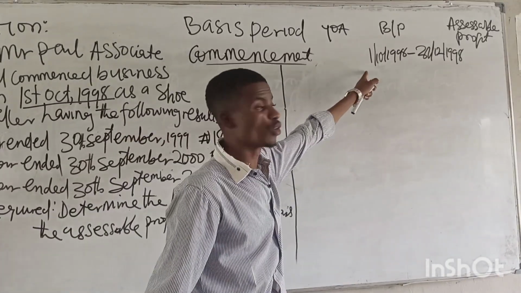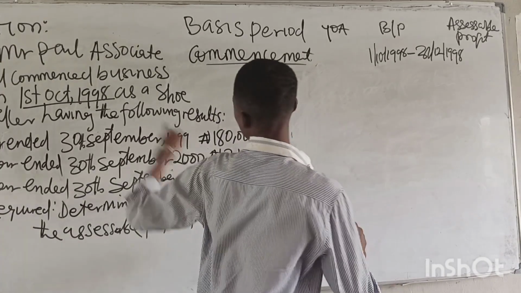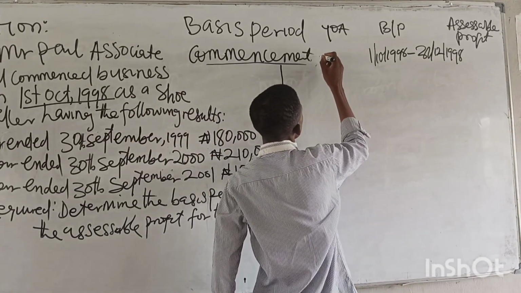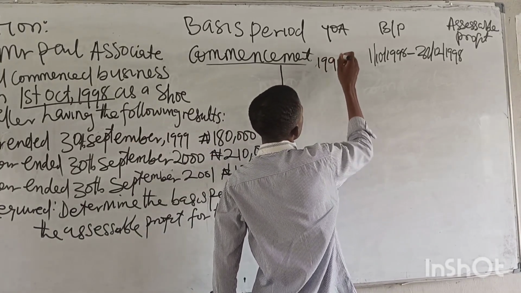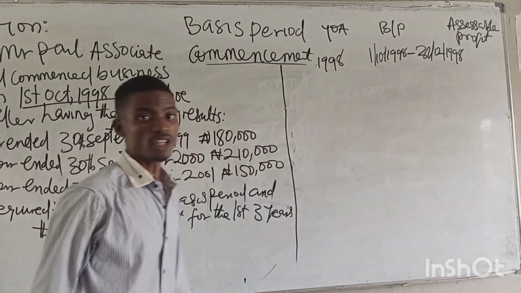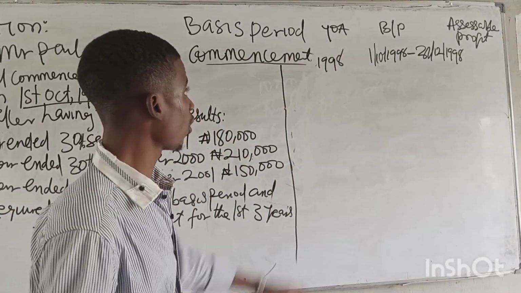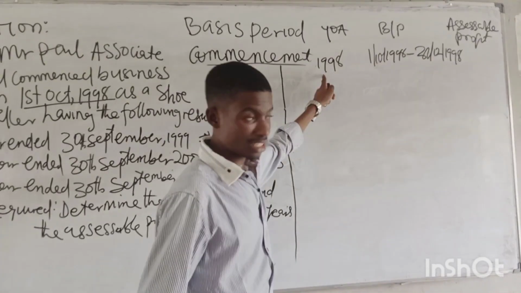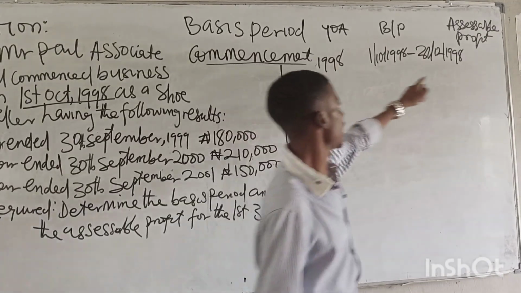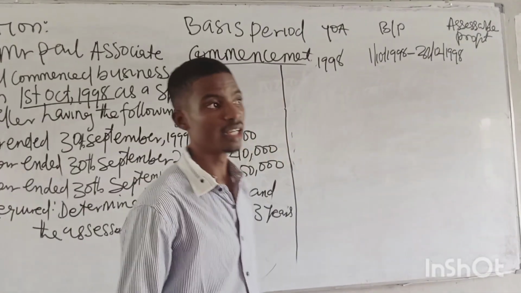This is what the first rule is saying, and the year of assessment is 1998. We have 1998 because the first year is usually on actual year basis. That's why we still have 1998 here.